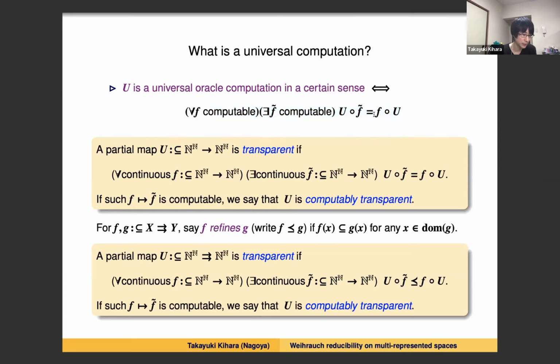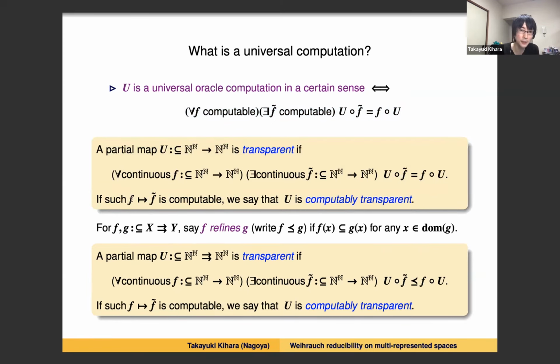The continuous version of this property seems to be called transparent these days in the computable analysis community. We consider the continuous Baire space version of this notion. A partial function u on Baire space is transparent if for any continuous function f on Baire space, there exists a continuous function f tilde on Baire space such that u composed with f tilde is equal to f composed with u.